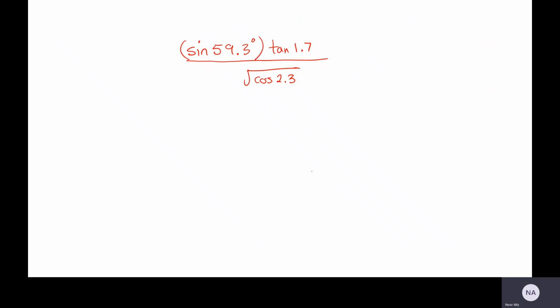This is not a straightforward question. Why? Because this is an angle which is in degrees. This is an angle which is in radians. This is an angle which is in radians. So you cannot do it all at once.